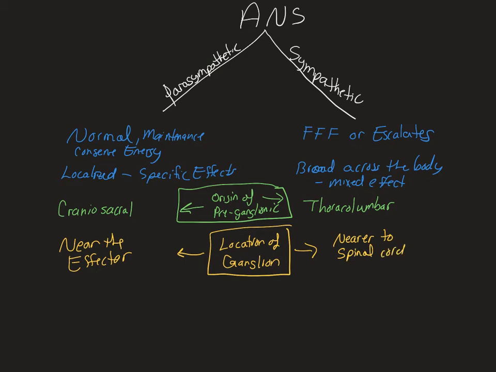Okay? Now that has a very direct effect in that this one is going to have a short preganglionic, I'm just going to abbreviate that pre-G, preganglionic axon, but a long postganglionic axon.